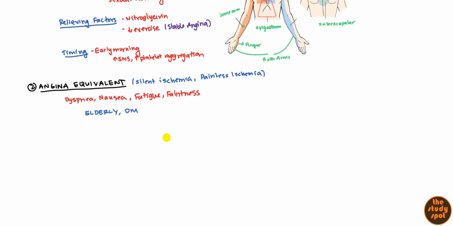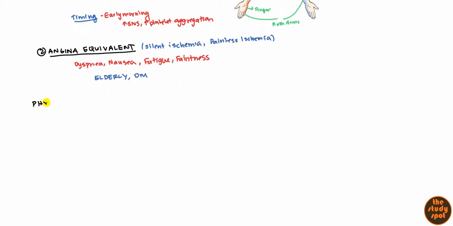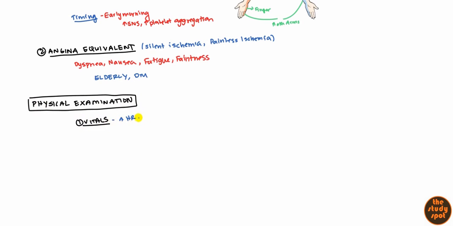Now, what would you find on physical examination? When you do the vitals, one of the things that you'll notice is that they tend to have a high heart rate, and this is due to the sympathetic nervous system, and high BP. And again, that's due to the sympathetic nervous system as well. So remember, these patients, because they feel that pain and they're feeling in trouble, will tend to have a higher heart rate and BP.